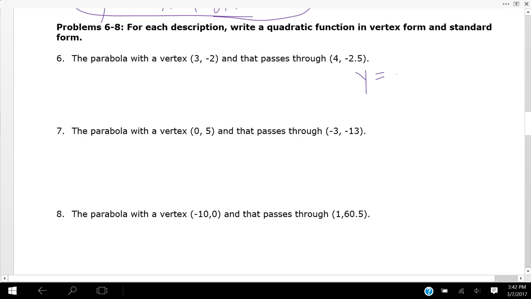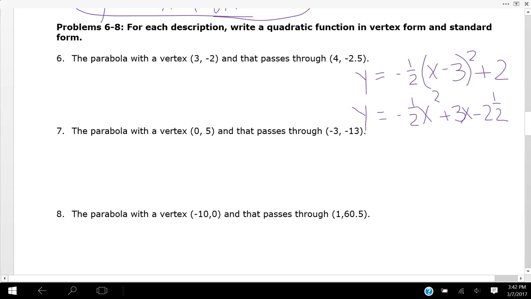Y equals negative 1/2 x minus 3 squared plus 2, and y equals negative 1/2 x squared plus 3x minus 2.5. Number 7.